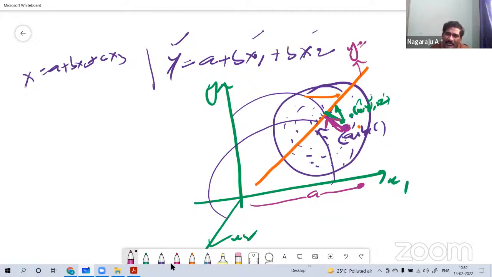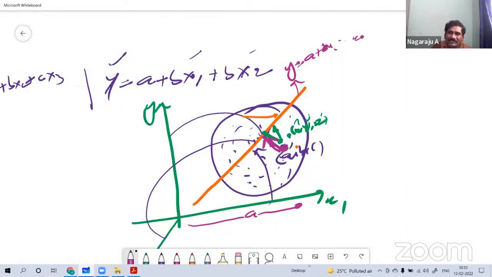This line equation is y equal to A plus bx1 plus cx2. Similarly, the distance of this point is the B point, the y-direction distance.